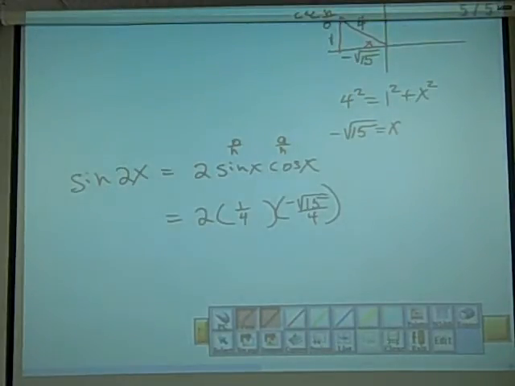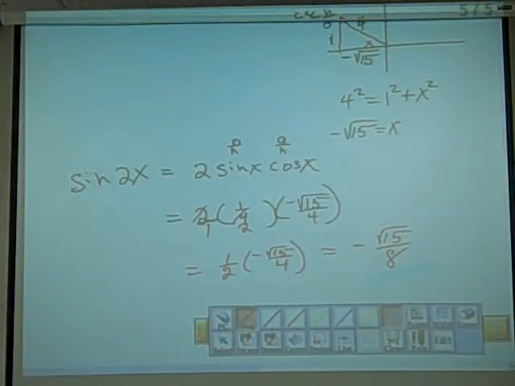And so the 2, this is 2 over 1, right? So the 2 can cancel into 4, and that gives us a 2, so that's a 1/2. 1/2 times the negative square root 15 over 4, and we end up with a negative square root 15 over 8, and that's our answer.